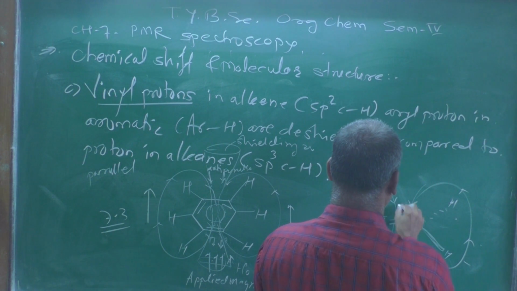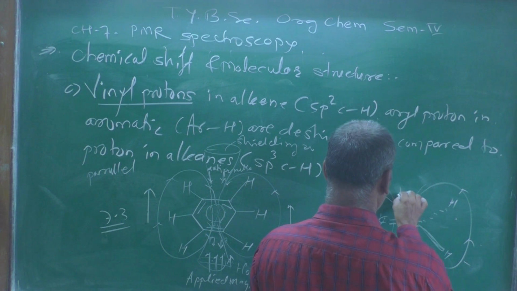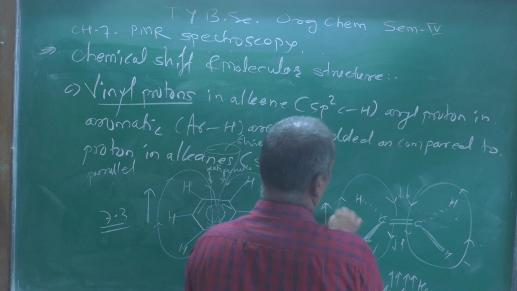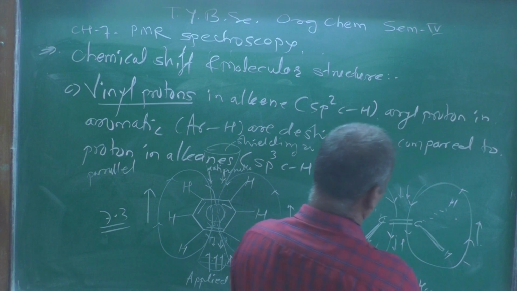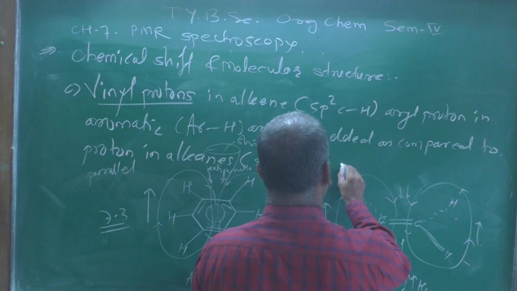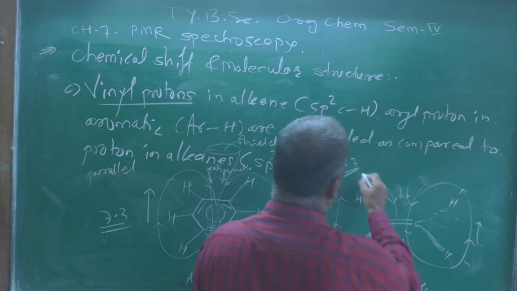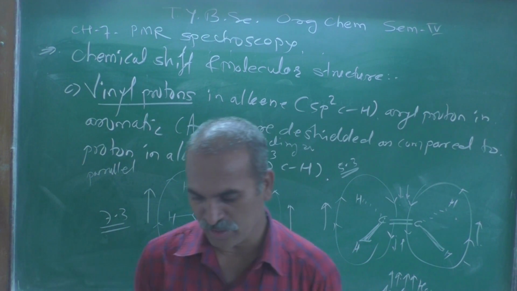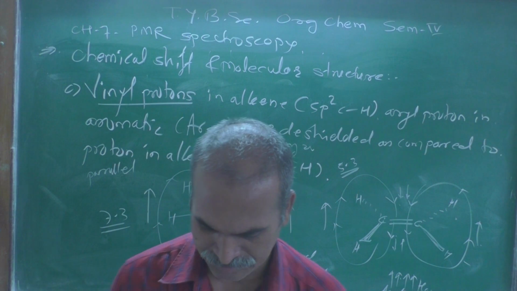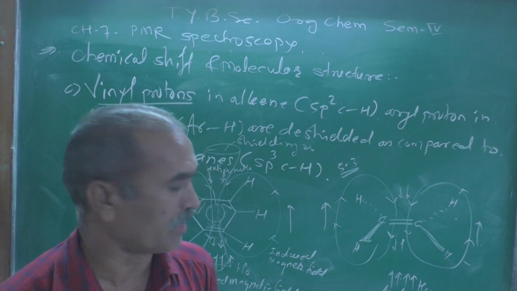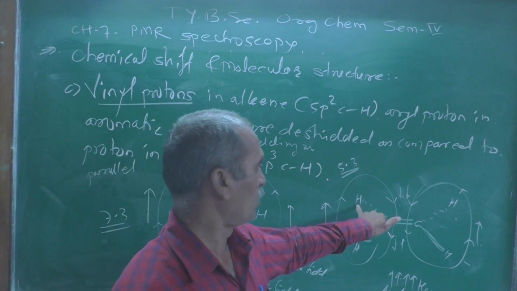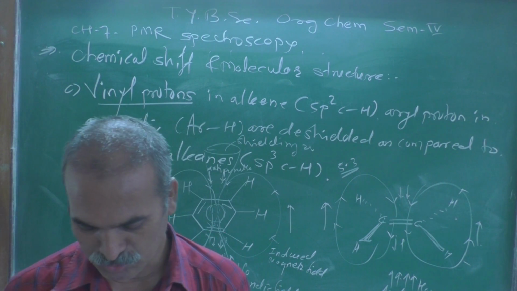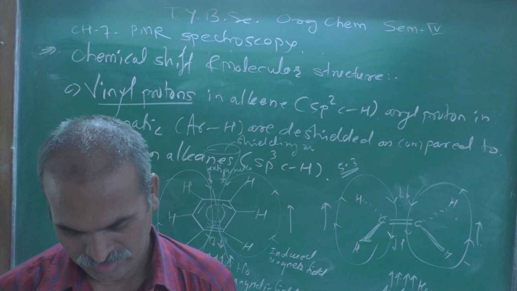This type of arrow is opposite, and this one is a parallel arrow, and therefore the chemical shift value observed for olefinic protons is 5.3 delta, because all these protons fall in the deshielding zone.